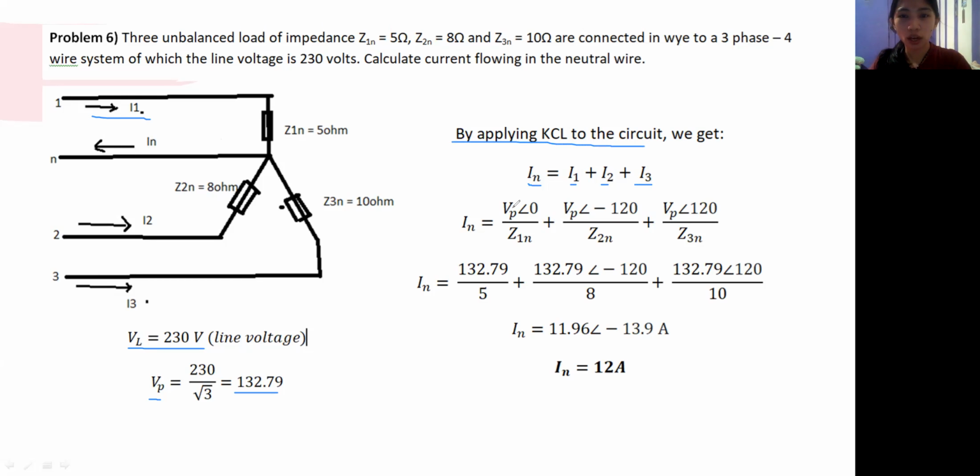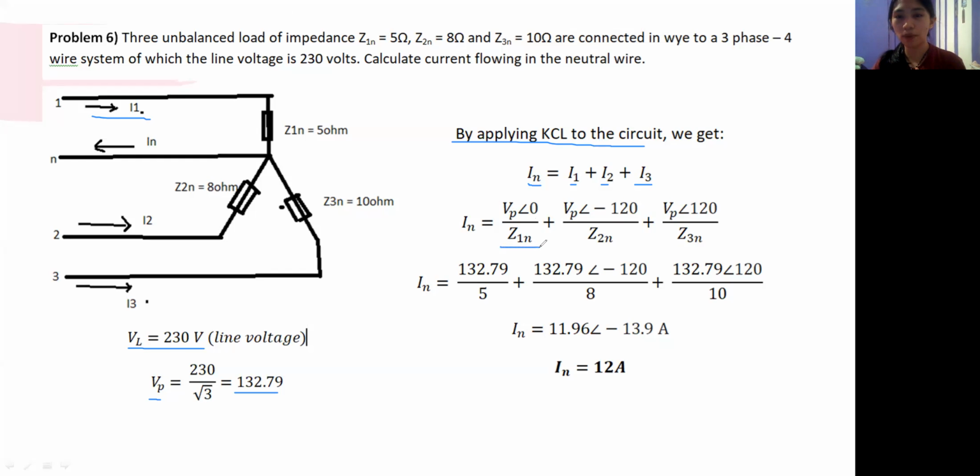That is the formula for the current flowing through the neutral wire. For the formula of I1, we have Vp at angle 0, using Z1N as its reference voltage.